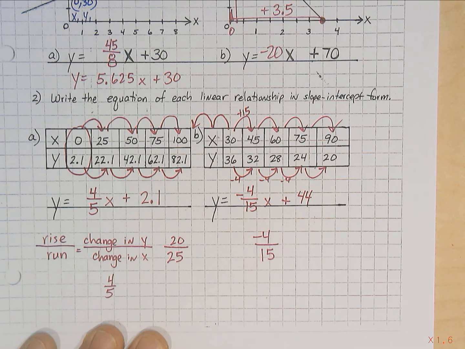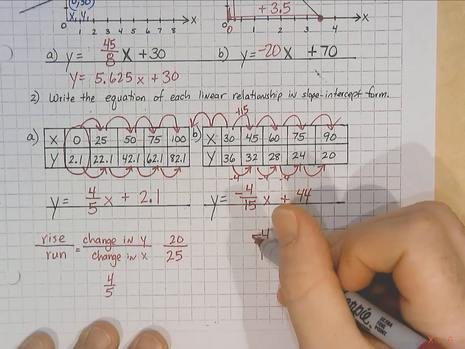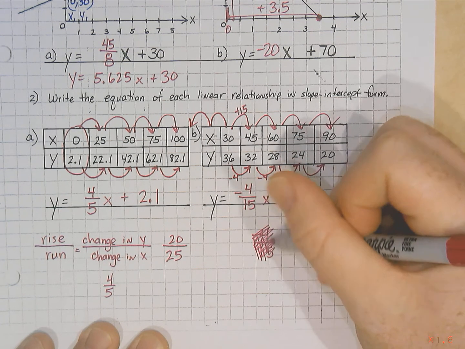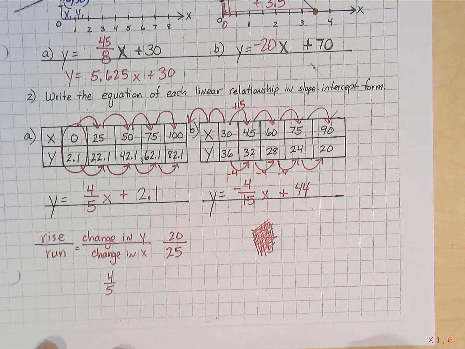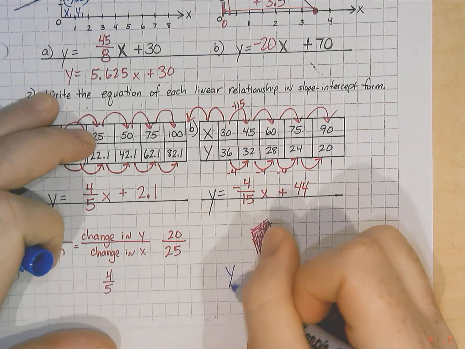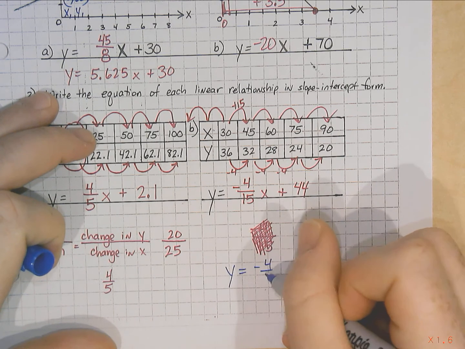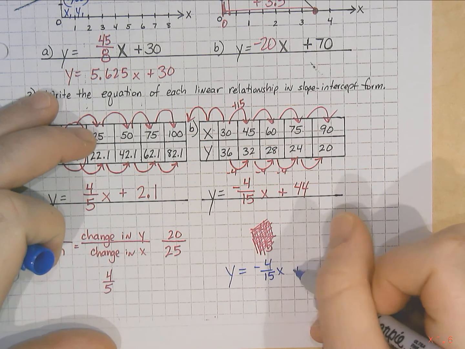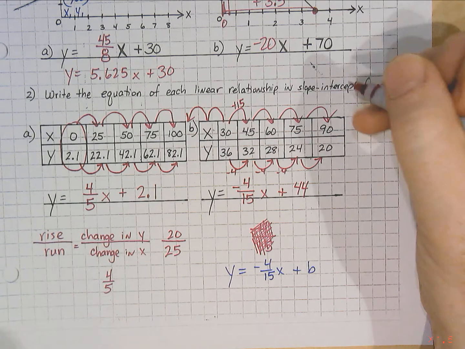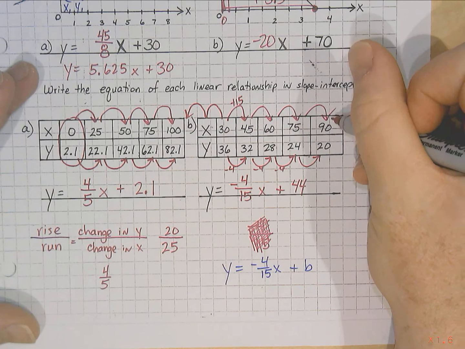That's your y-intercept. Now you might ask, I don't know if I can do that, that's a little bit too much for me. Well, you don't have to do that. You can do it another way. You just simply take your y equals negative 4/15 x plus b and plug in one of your ordered pairs. So let's say I pick this one here.